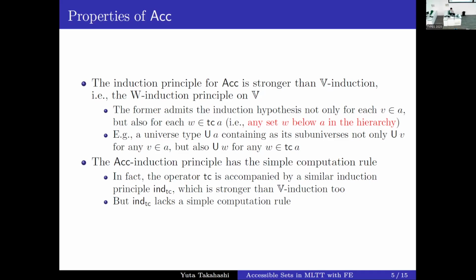In fact, the transitive closure operator is accompanied by a similar induction principle, the TC induction, which is stronger than V induction too. But this eliminator for the TC induction principle lacks a simple computation rule. So let's see this.